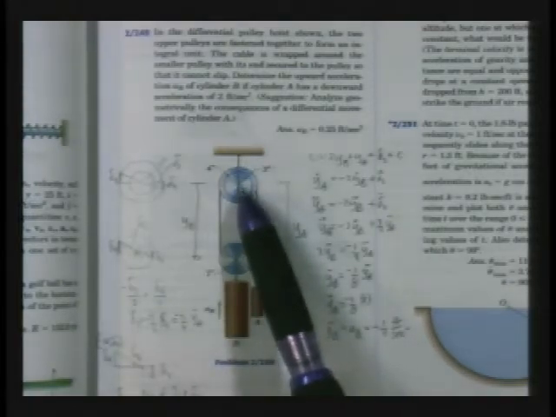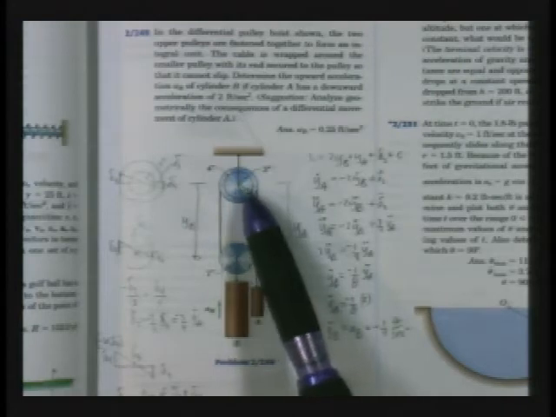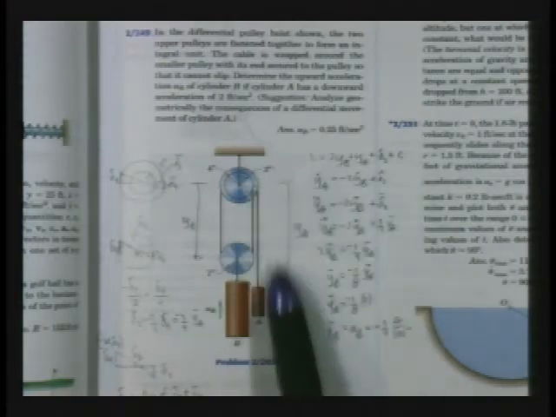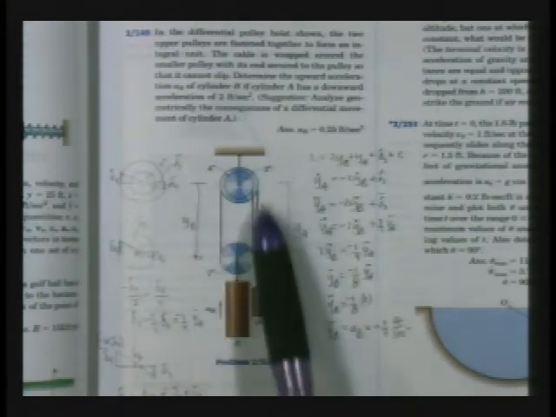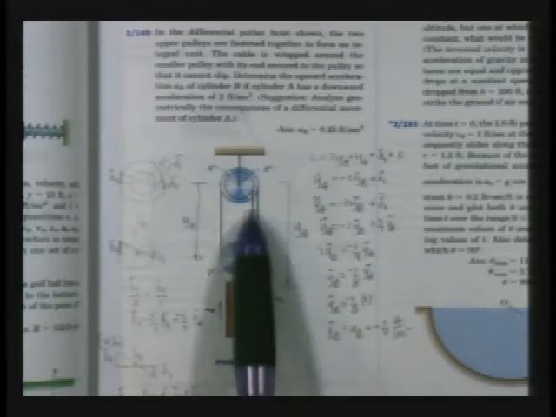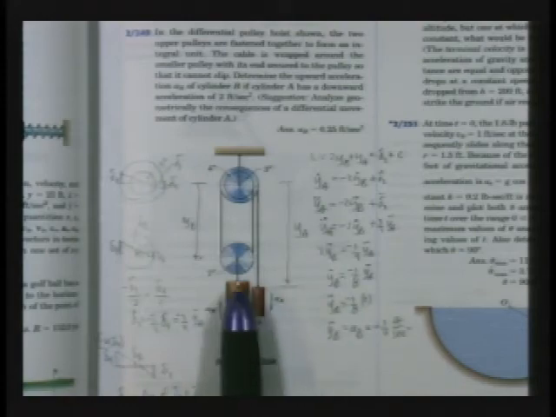What we have here is a pair of pulleys rigidly connected to one another. So if one rotates, the other rotates with it up in the top. Okay? We have a single strand of cable. And the key to understanding this problem is that this strand of cable comes up here on this 3-inch radius, and it wraps around here a little bit so that it would allow for this body to move.